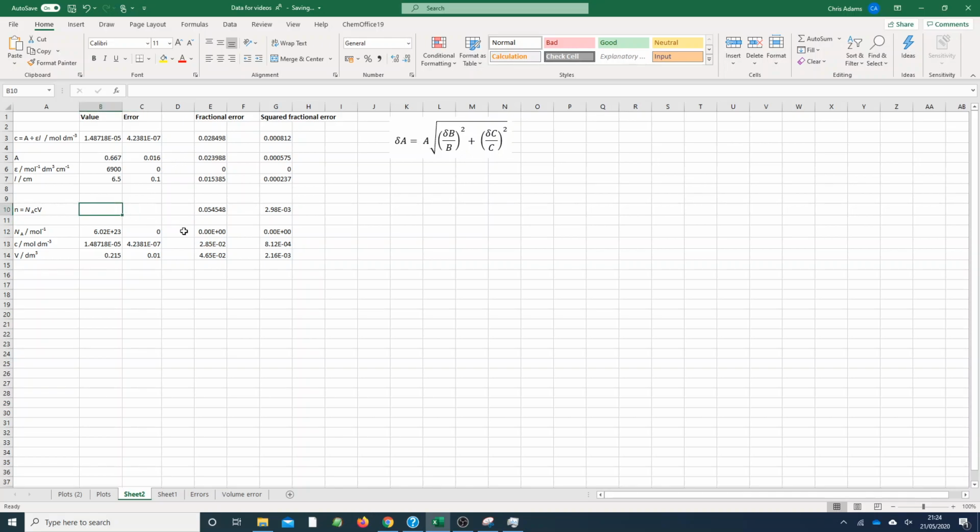In cell B10 here, I'm actually going to do the sum. So that's equals B12 times B13 times B14, enter. Now I know what the value is, I know what the fractional error is, I can multiply those two together to give me the absolute error.